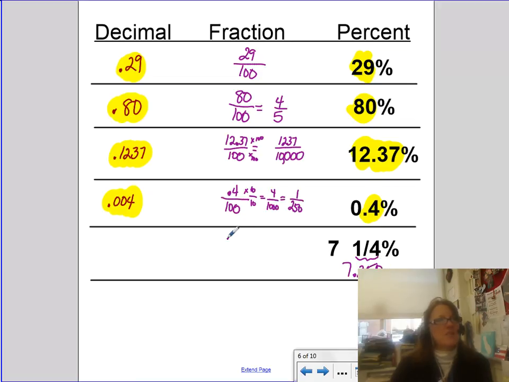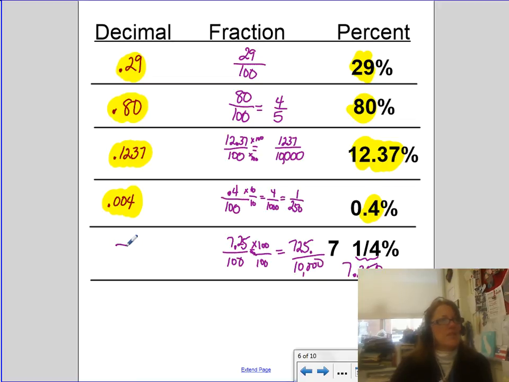Now it's a little easier because I can write 7.25 per 100. That's not a really good simplest form fraction though. So let's multiply the top and the bottom by 100, because that'll in effect move this decimal point 2 decimal places to the right. And then this would be 10,000.